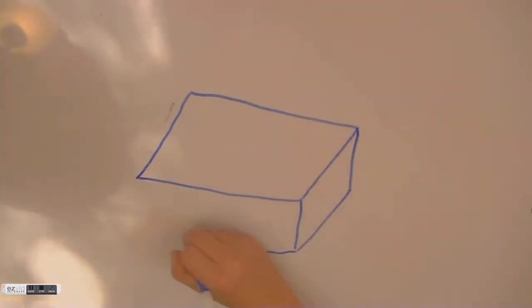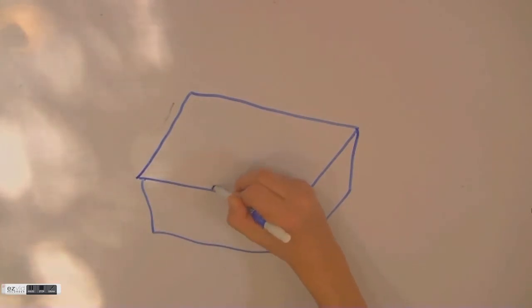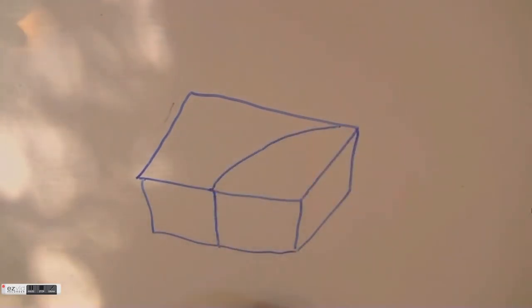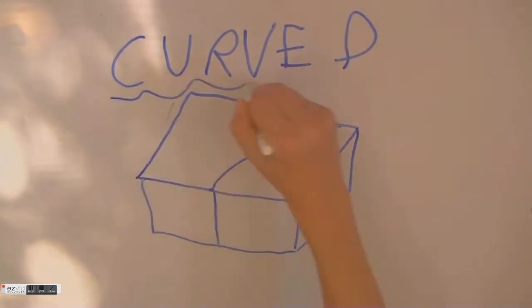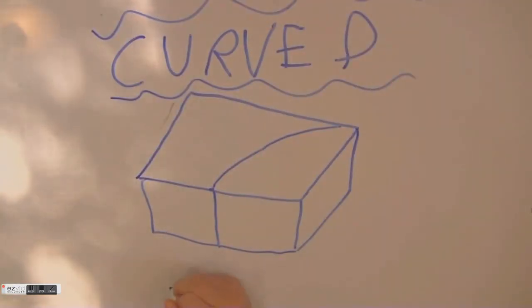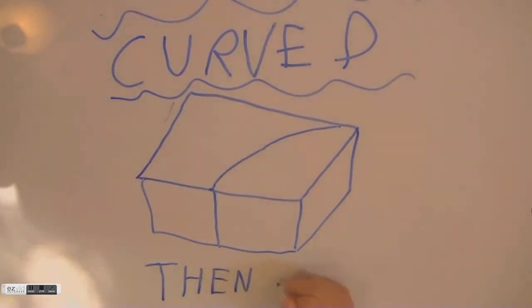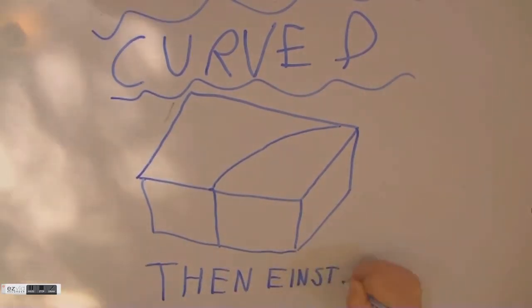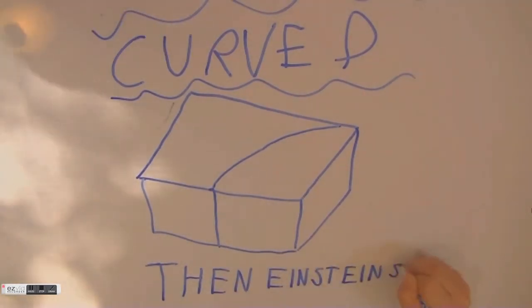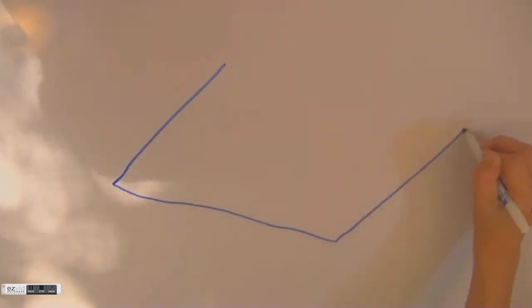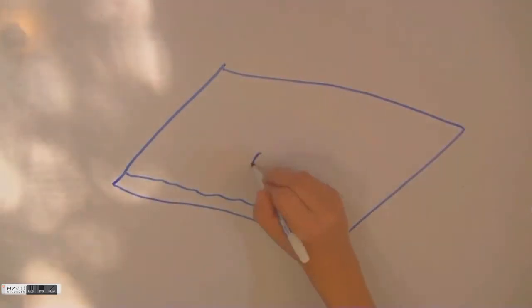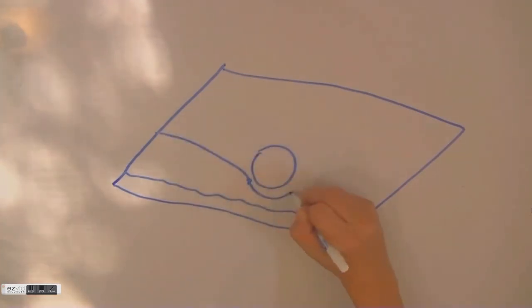So now let's go back to our now slice. So now we know that at a constant velocity, our now slice is angled. However, whenever we accelerate, our now slice is curved. And Einstein says that if our now slice is curved, if space-time is curved when we're accelerating, and acceleration and gravity are the same thing, then gravity must be the warping and curving of space-time itself.